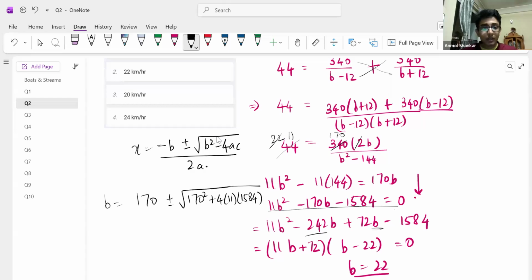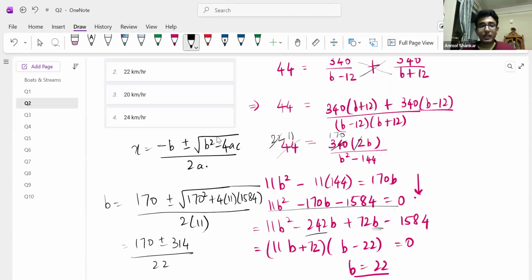This is also looking complicated, but you should get the same answer. Now I am using a calculator. We take the positive root and we get 22.